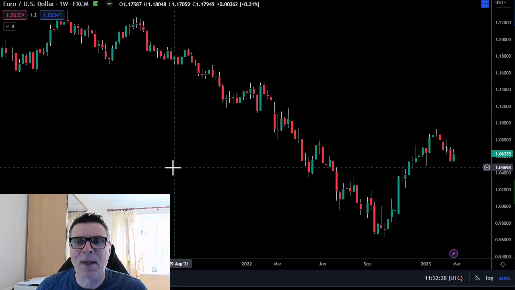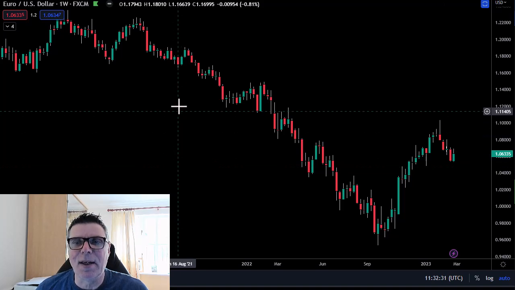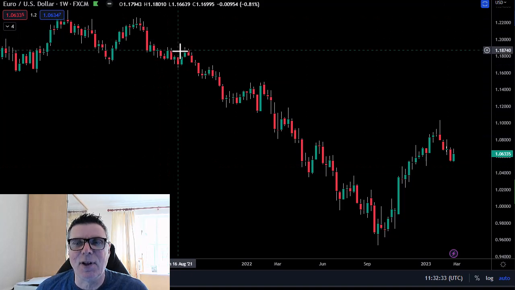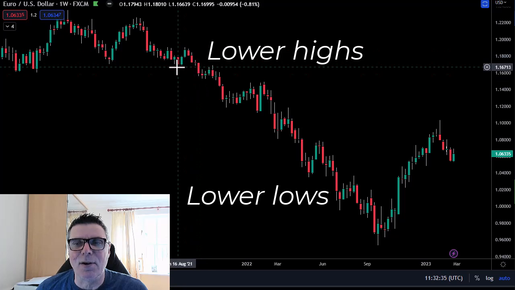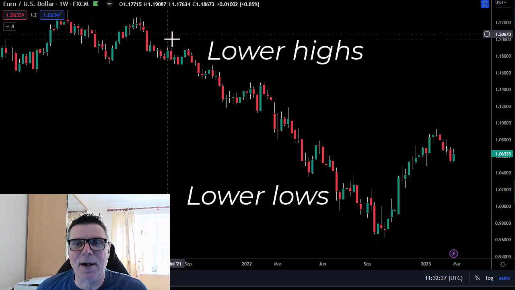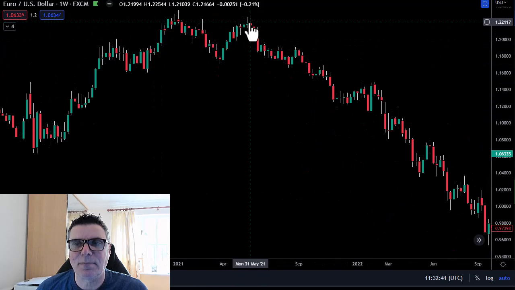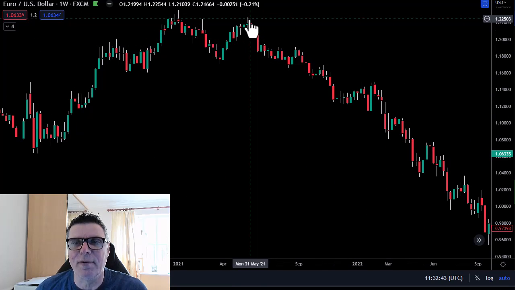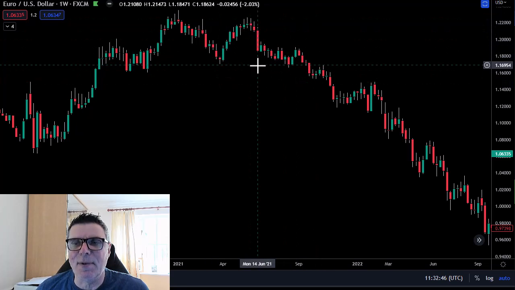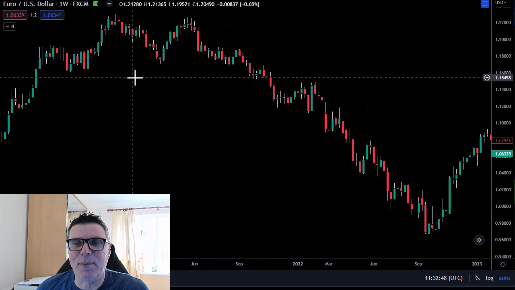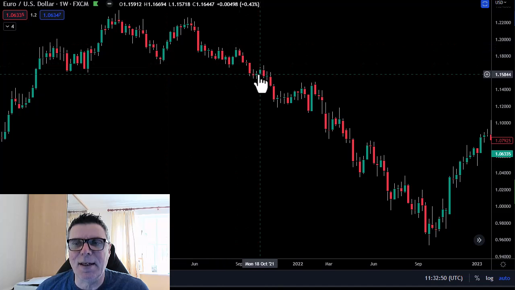Now, with market structure, what I'm looking for is the very simple basis of lower highs and lower lows. So we're starting to see the market rolling over here. It put in a top up here, just slightly short of a double top. Then we've seen this move coming away from that, and then it's putting in lower highs.